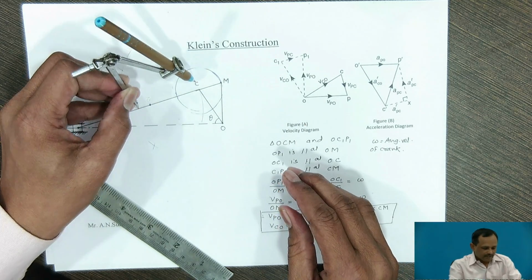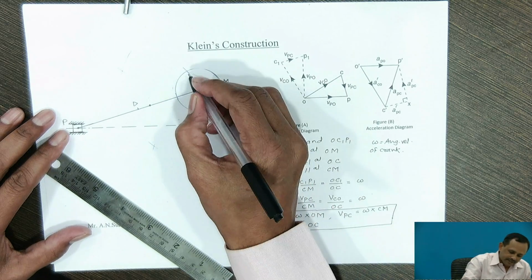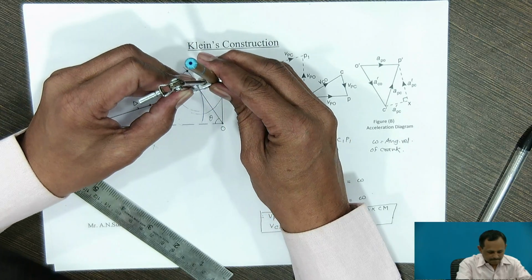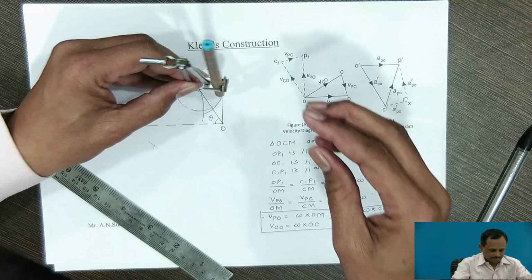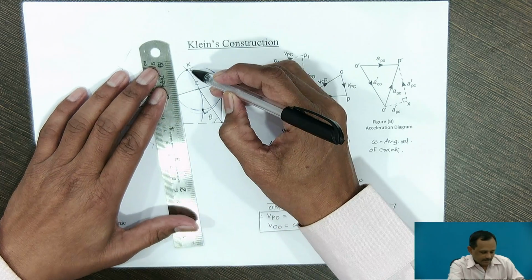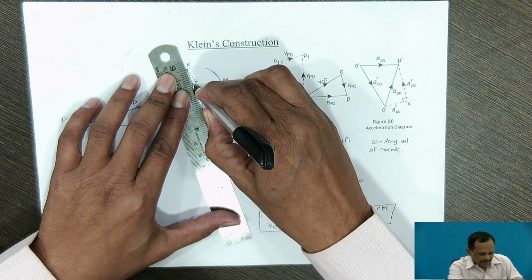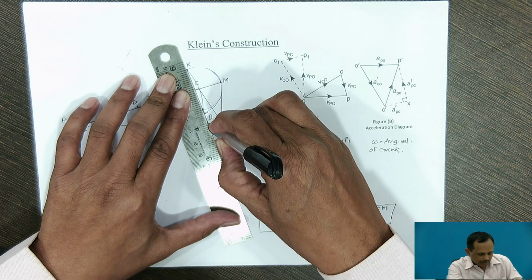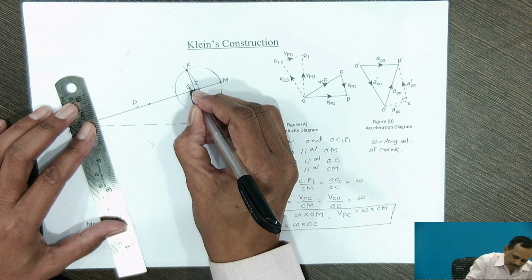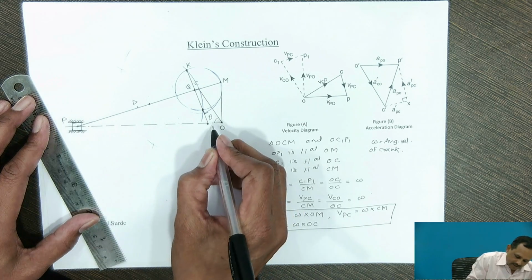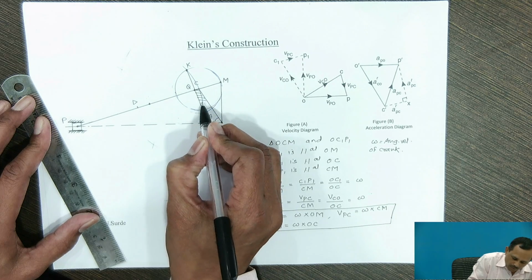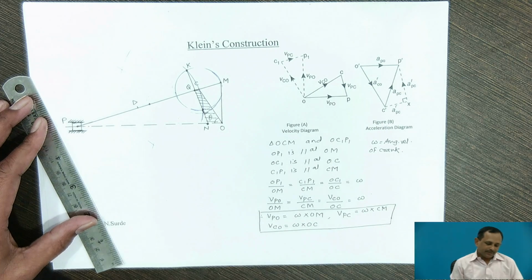These two circles will cut each other at two points, K and L. Join points K and L in such a way that it will cut the connecting rod at point Q and line OP at N. So this line KL cuts the line PC at Q and the line of stroke OP at N. Therefore, quadrilateral CQNO represents the acceleration diagram.